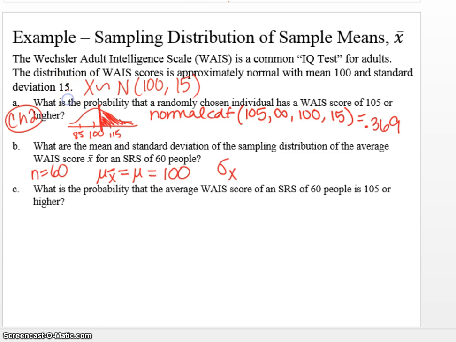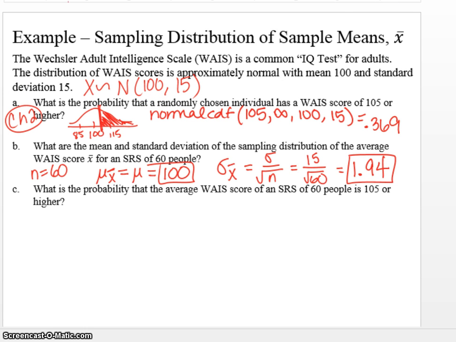Your standard deviation of all your X bars is going to be the population standard deviation over the square root of N, which in this case is 15 over the square root of 60, which if we type that in our calculator, we get 1.936 or 1.94.